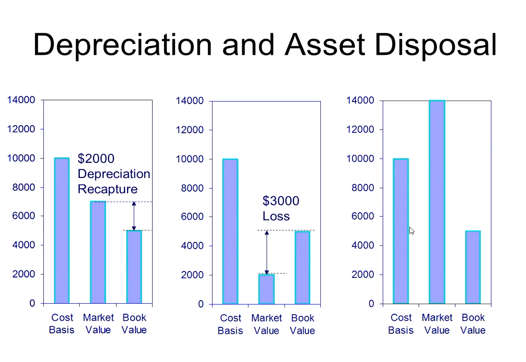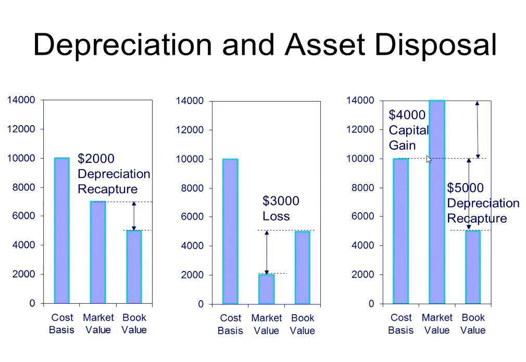Here's another example. Notice the market value this time is higher than the cost basis. So in this case, we have a capital gain and the depreciation recapture. This part is a depreciation recapture, and this one is a capital gain. The capital gain is the difference between the market value and the cost basis, and from the basis to the book value is a depreciation recapture.